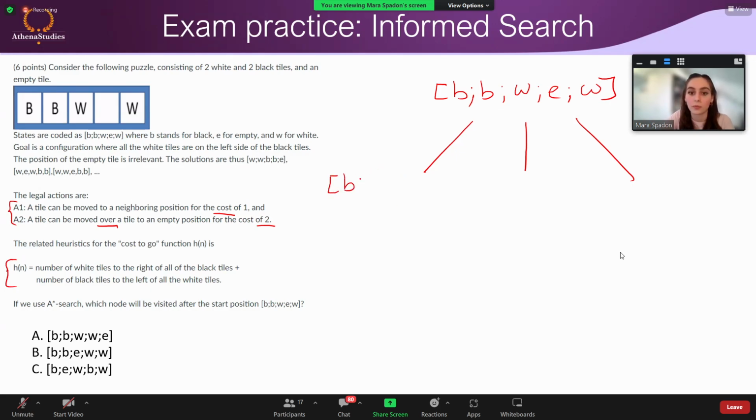I'm just going to write down the options, but take a second to calculate them for yourself and tell me which one A star will explore next.